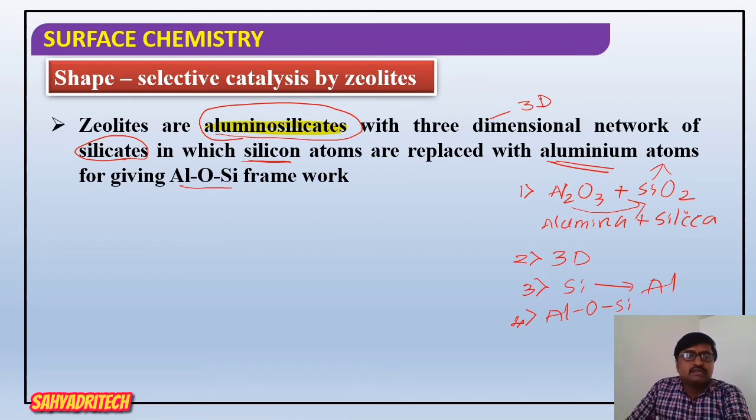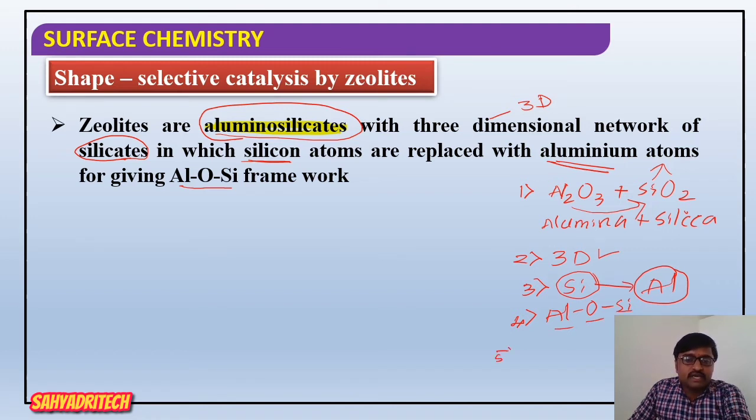So first, zeolites are aluminosilicates with a three-dimensional framework in which part of the silicon atoms are replaced by aluminum atoms, which gives an aluminum oxygen silicon framework.